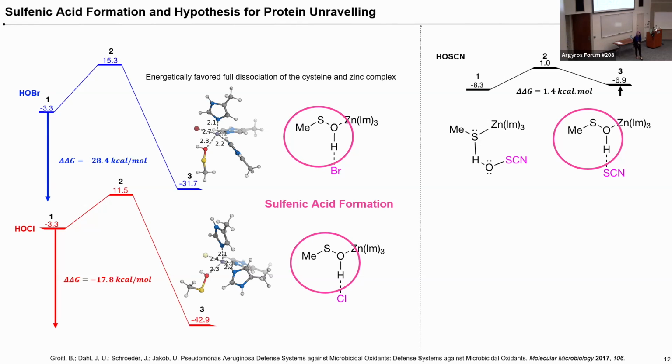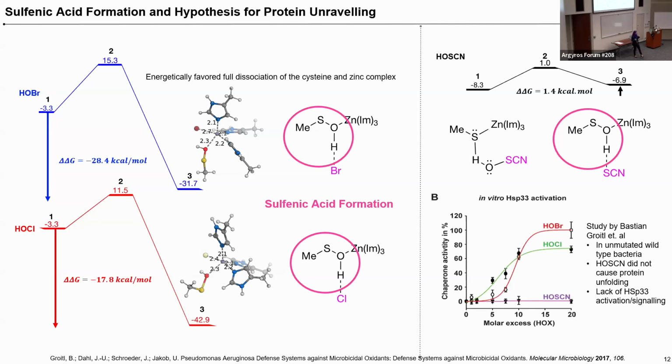Great job, Morgan. Are there studies showing the similarity of pattern that you've discovered here experimentally? Yes and no. There is a study that I referenced, which does subject the bacteria to these specific hypohalous acids.